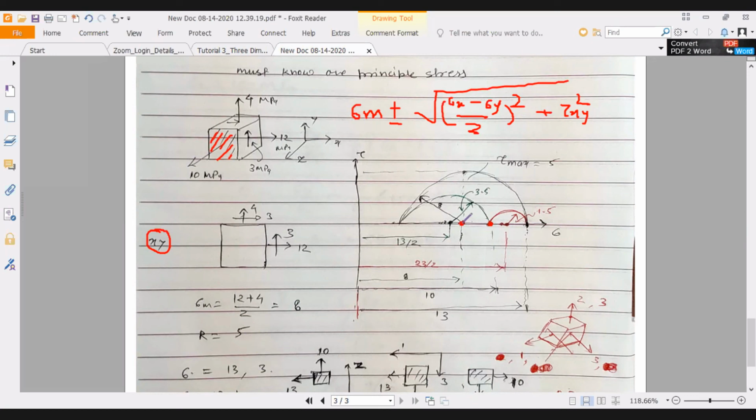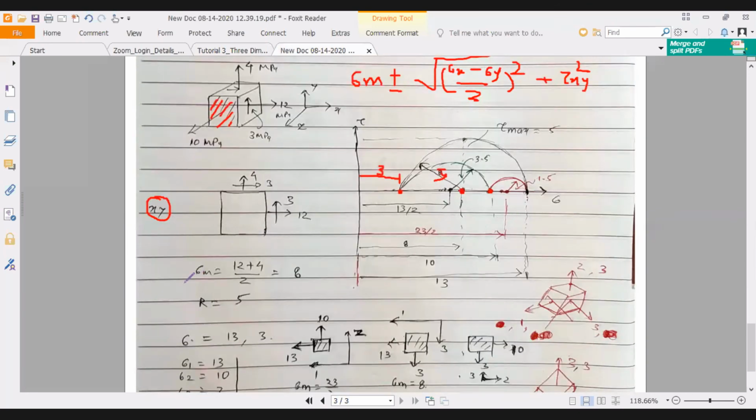So this is the location of the mean from this point, that is 8, and this is 5. So 8 plus 5 is 13, and 8 minus 5 is 3.